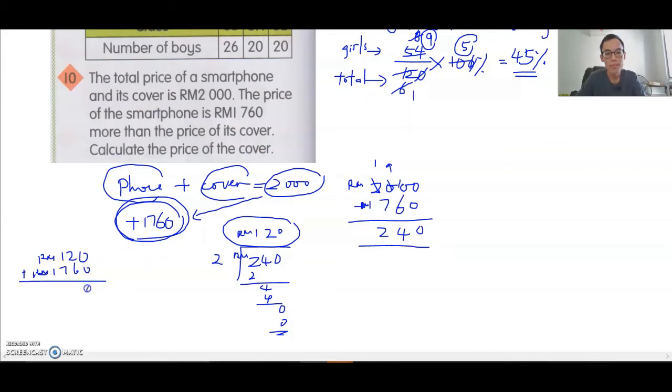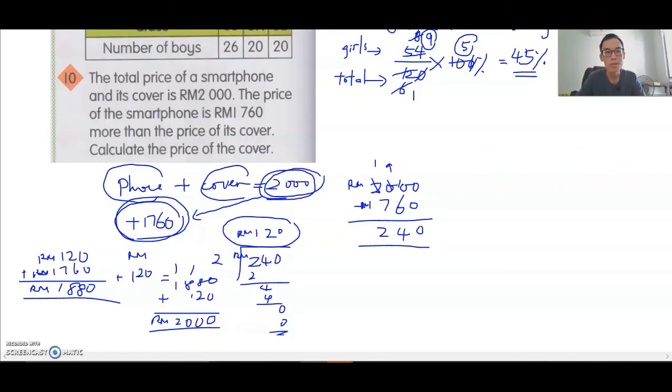I add it, I get 1,880. So the phone is 1,880, the cover is 120. So is the total 2,000? You take 1,880 ringgit plus the phone cover 120 ringgit, you get, yes, 2,000. So your answer is correct because the total is 2,000. That's how you check your answers.